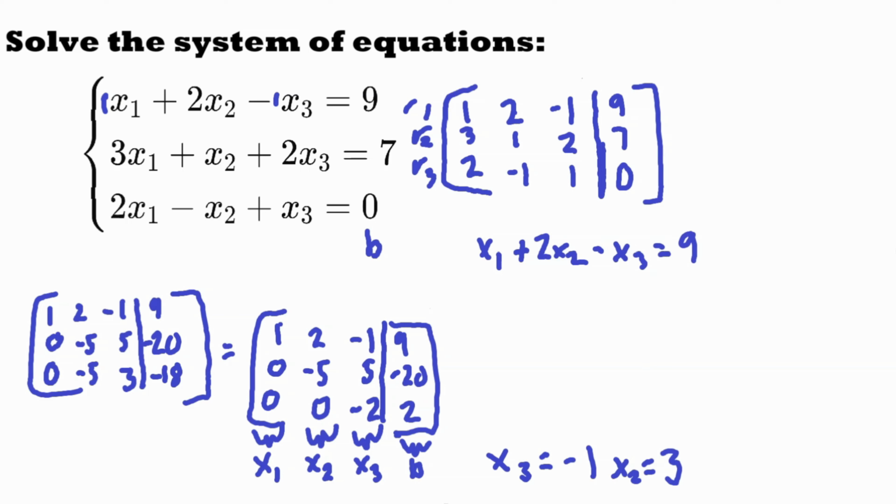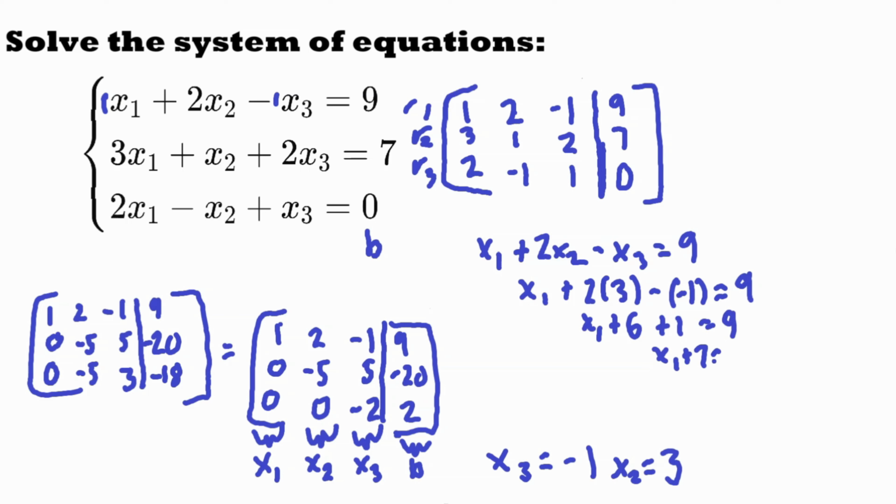So now plug in the variables that we know. x1 plus 2 times 3 minus negative 1 is equal to 9. So x1 plus 2 times 3 is 6. Minus negative 1 is positive 1. Equal to 9. 6 plus 1 is 7. Subtract 7 from both sides. Then we get that our x1 is equal to 2, okay?